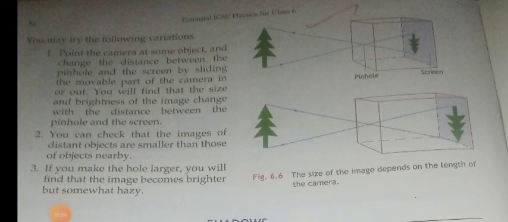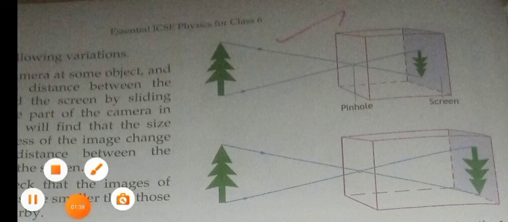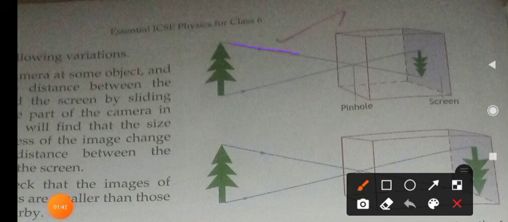Look at this figure of the pinhole camera. You will see that the light rays coming from the top and bottom of the object cross the hole and continue to move in a straight line, isn't it? From the top and the bottom, the light rays enter the hole and continue to travel in a straight line.